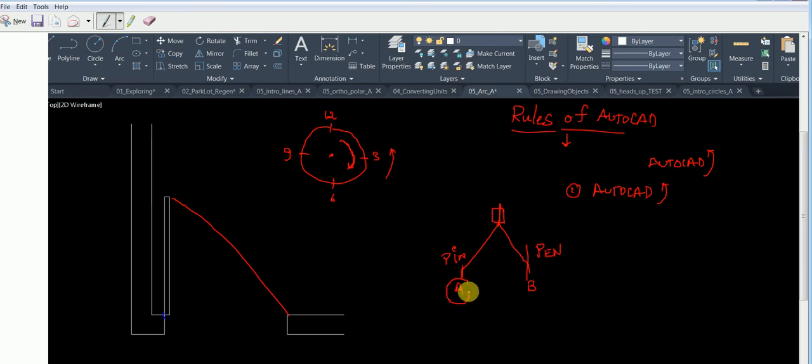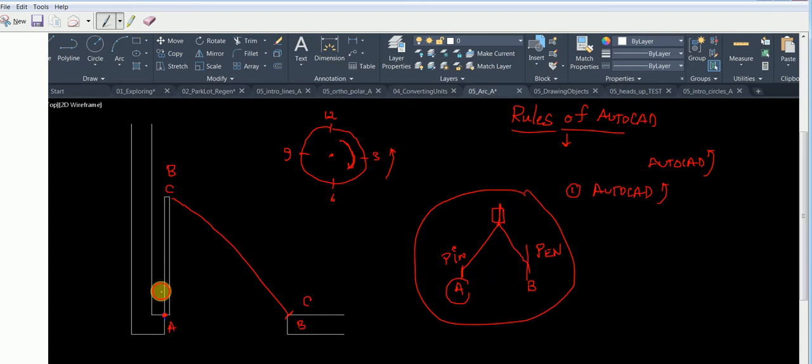If I keep this pin here and I start from here and end here, or if I start from here and end here, do you think I get a different answer? I'm talking about using the protractor, this device.